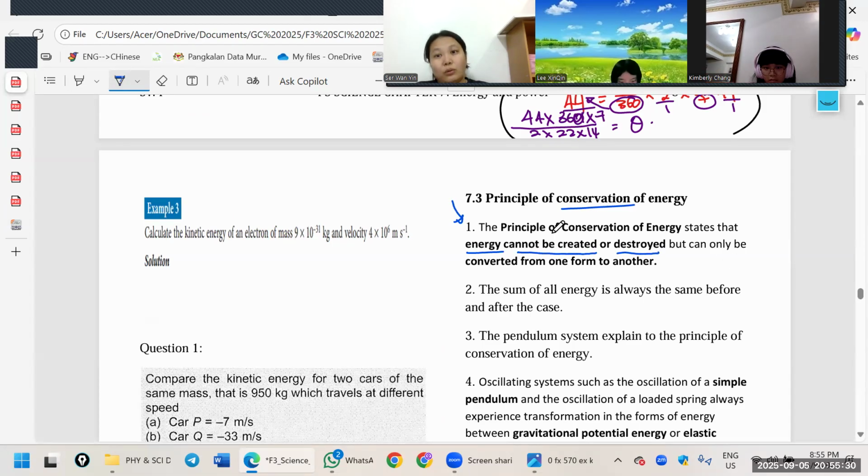So for example, in the beginning is 100 joules, at the end also 100 joules. It can only be converted from one form to another. Means in the beginning it might be gravitational potential energy, then it will change to kinetic energy.